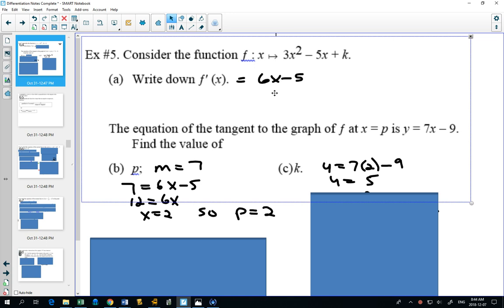Now that you know that p is 2, we need to find the value of k. Well, here we have an equation. If I wanted to solve for k, I would need an x value and a y value. Do we know the point that's on that graph?